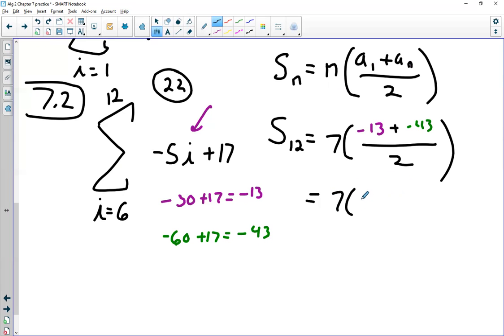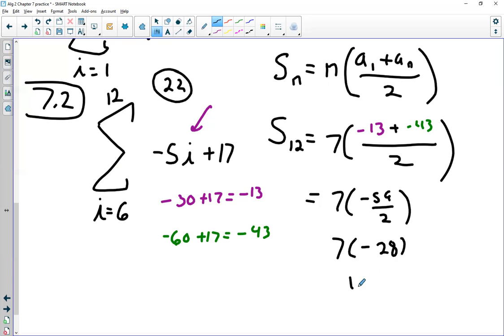7 times -56 over 2. -56 over 2 is what? -28. And then 7 times -28. 7 times 7 is 49, 49 times 4, 196. No, that can't be right. No, it could be right, 196.